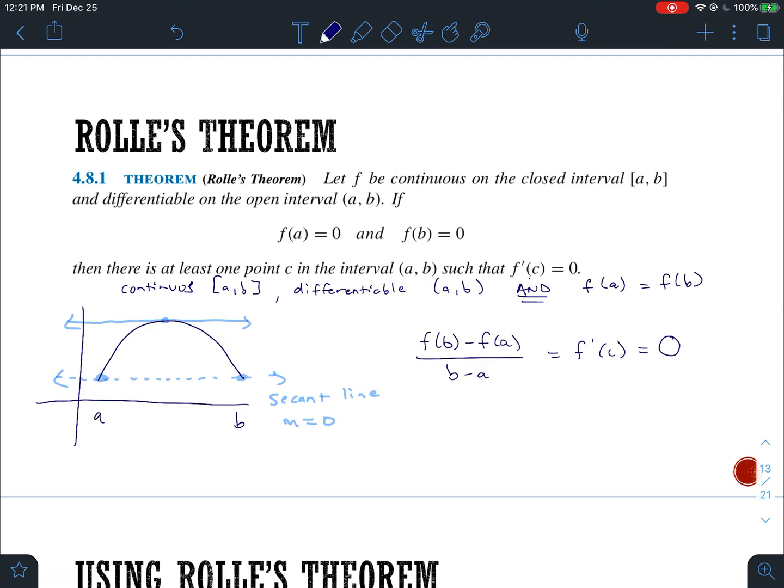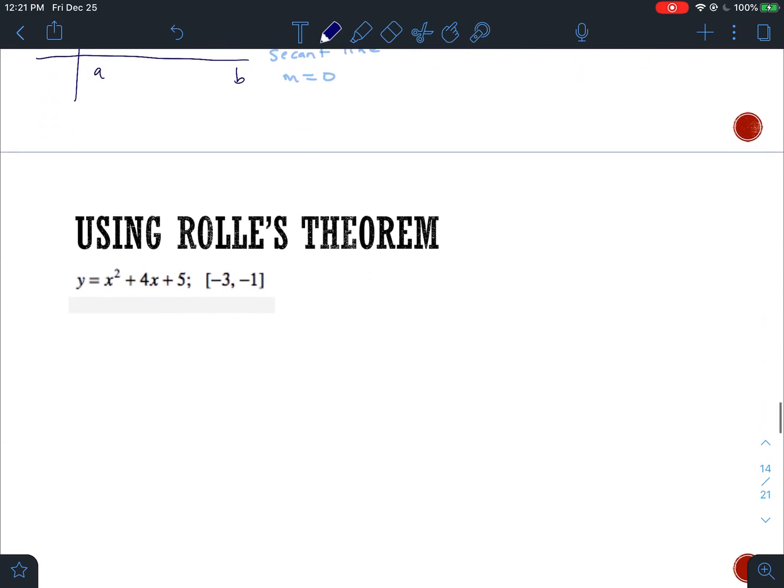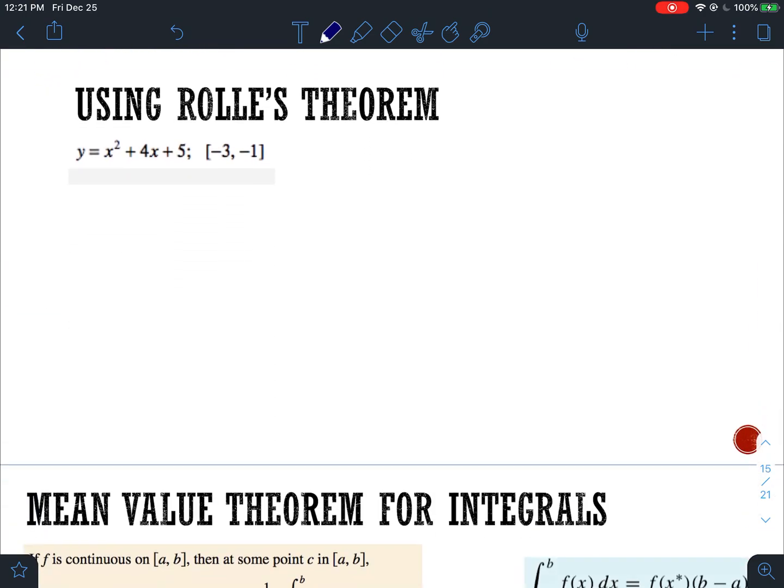So Rolle's theorem says that if a function is continuous and differentiable, and you started and ended at the same height, so f at a is equal to f at b, then somewhere between a and b, the instantaneous rate of change, or the slope of the tangent line, would be 0. That's Rolle's theorem.